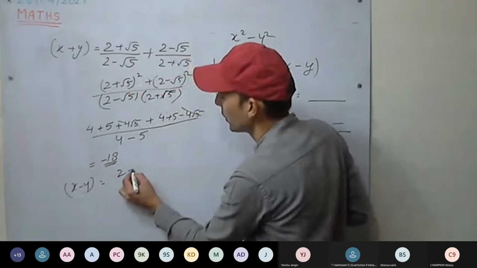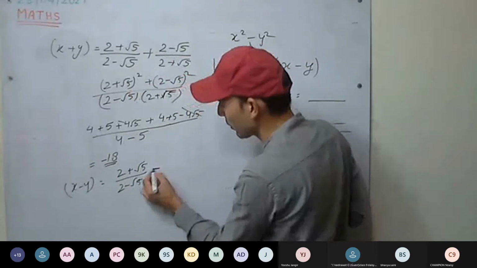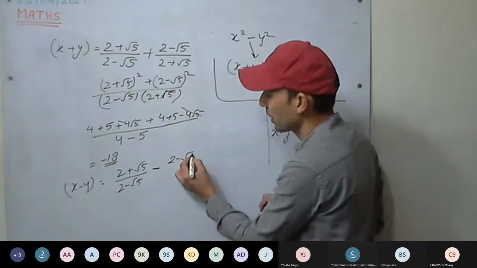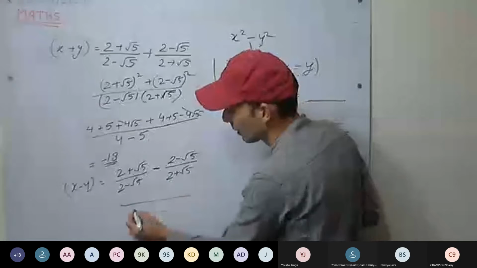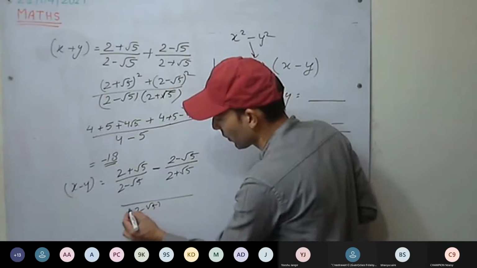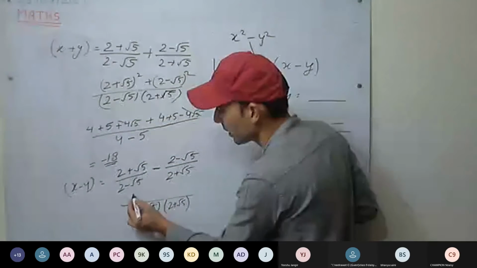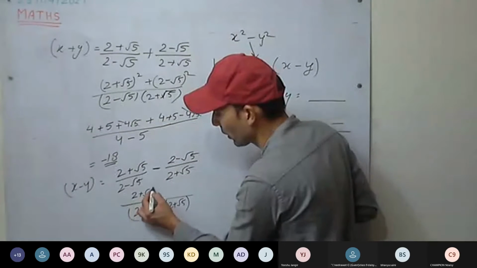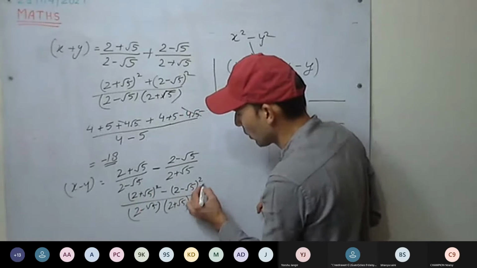In the same way it will be 2 plus root 5 divided by 2 minus root 5, and this time there will be a minus sign, 2 minus root 5 divided by 2 plus root 5. Take the LCM: 2 minus root 5 into 2 plus root 5. The numerator will be 2 plus root 5 the whole square minus 2 minus root 5 the whole square.